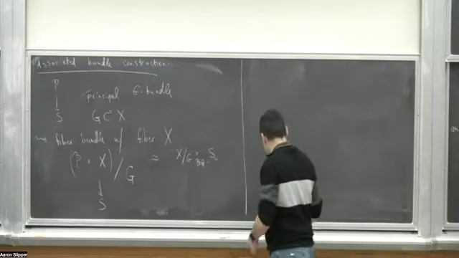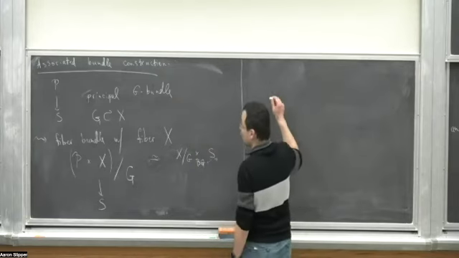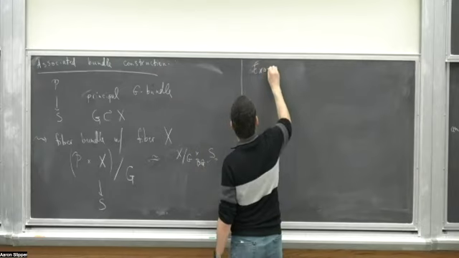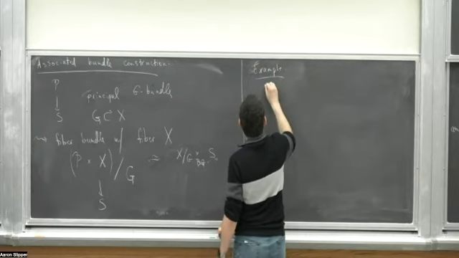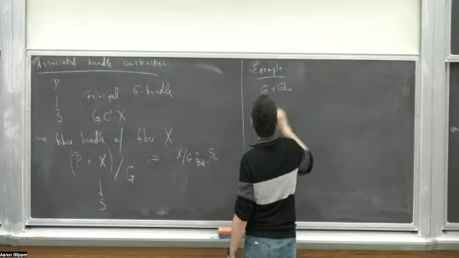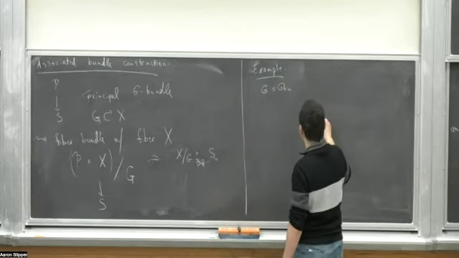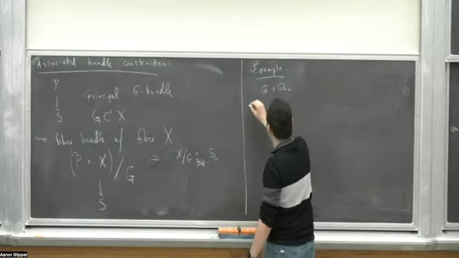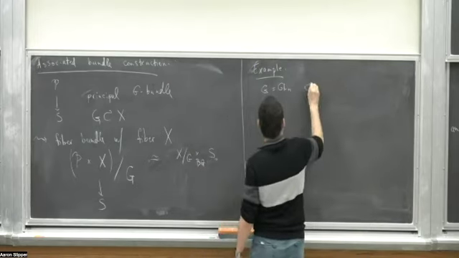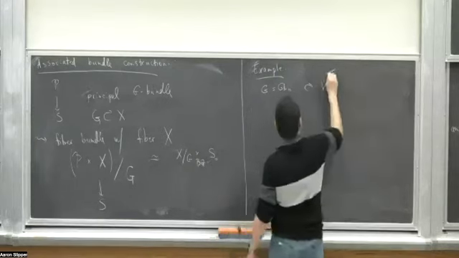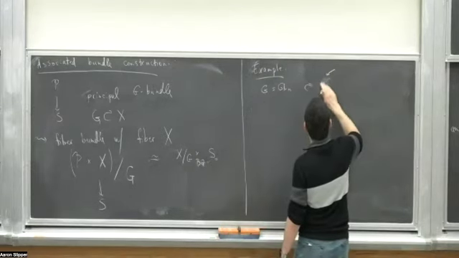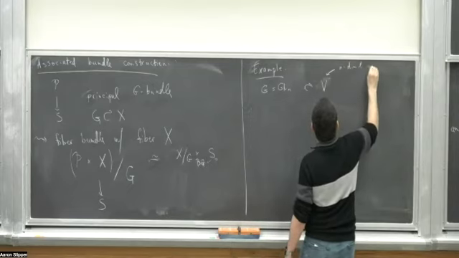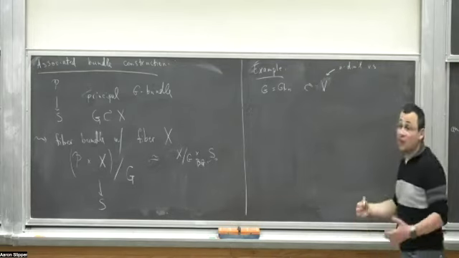So in particular, an example of this is if G is equal to GLn. So this gives a way of associating to a principal GLn bundle, which acts on the n-dimensional vector space by definition, so that you have the defining representation.